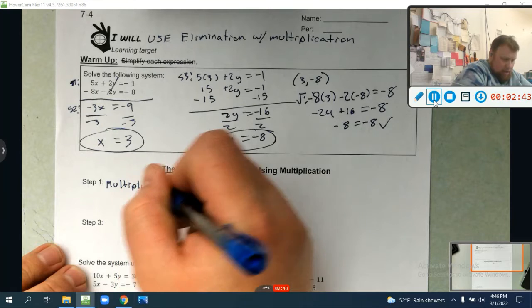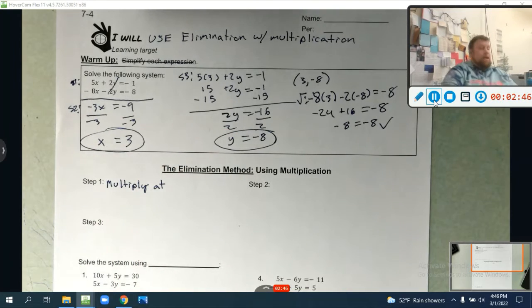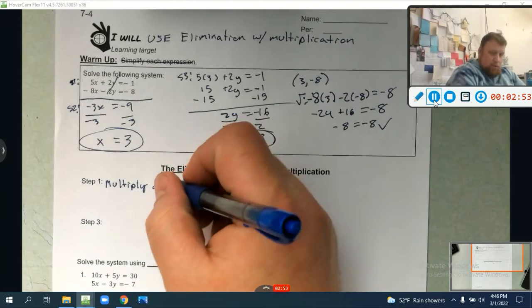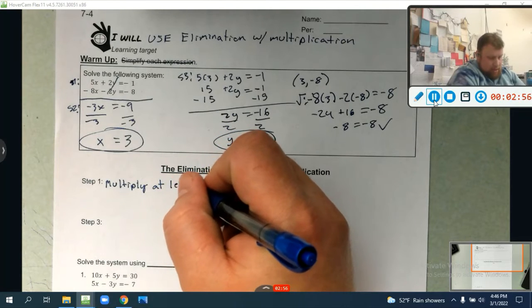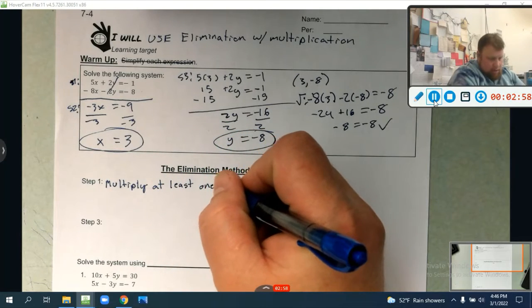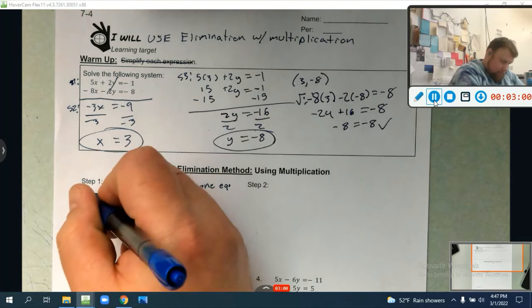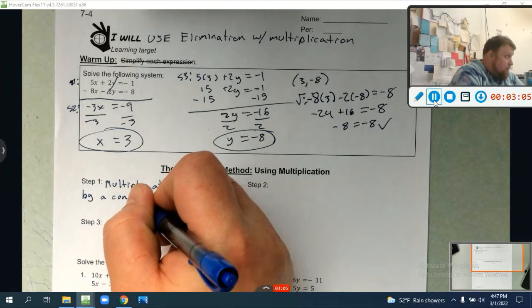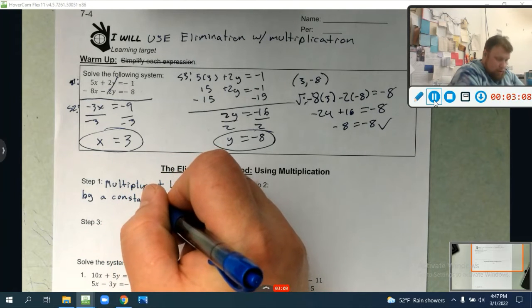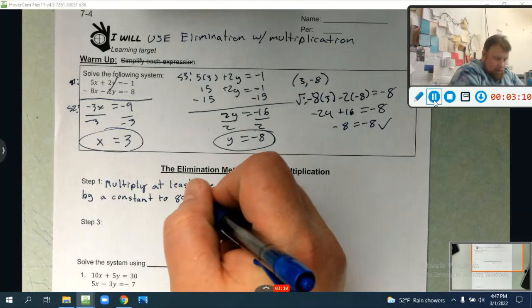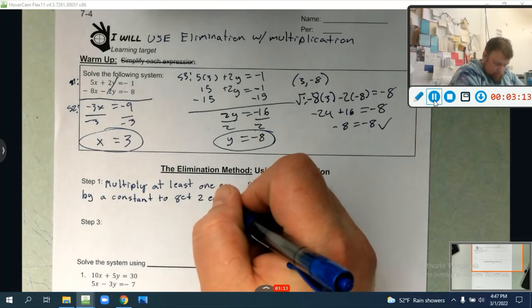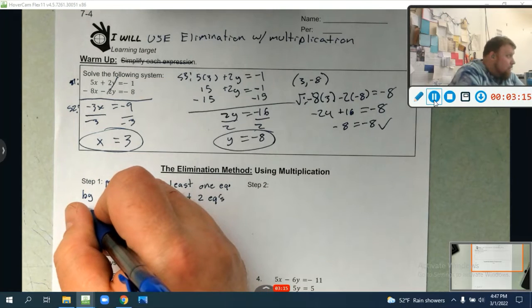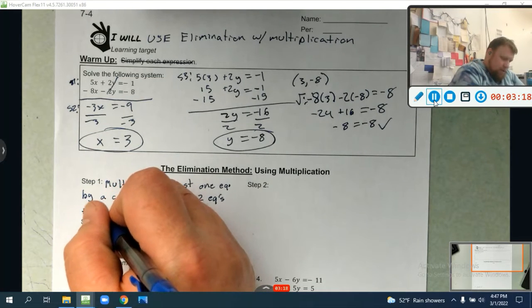Multiply at least one equation by a constant to get 2 equations that contain opposite terms.